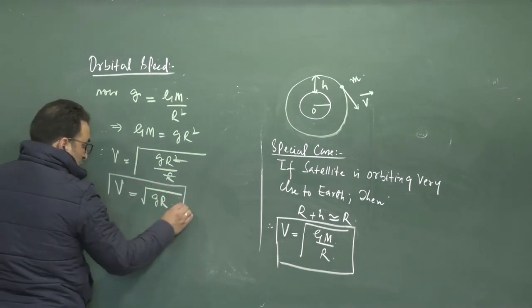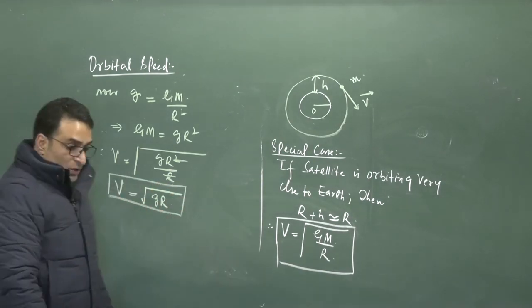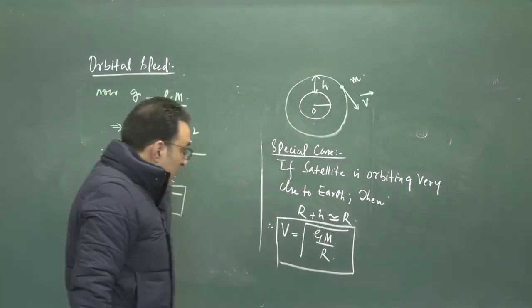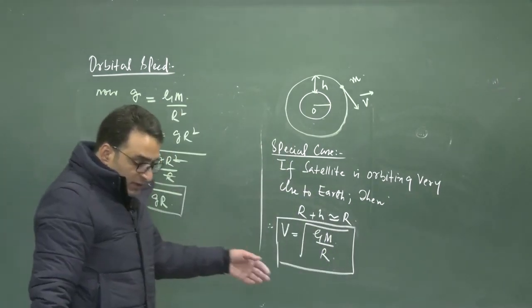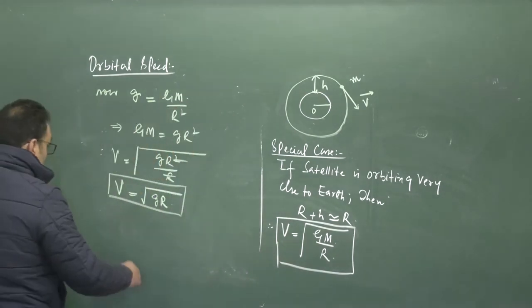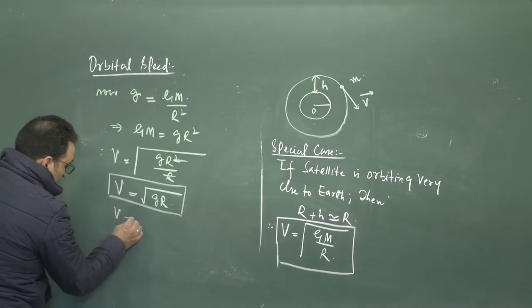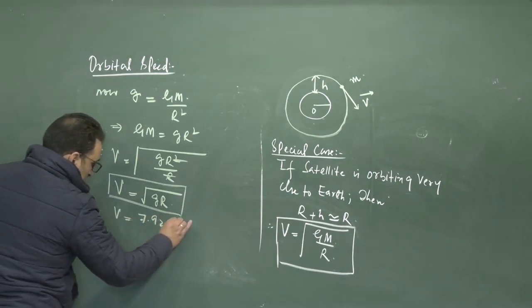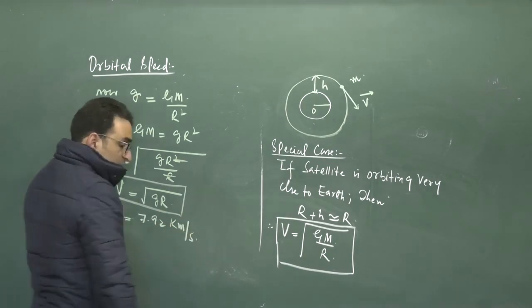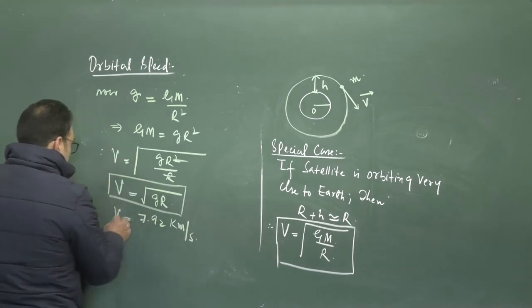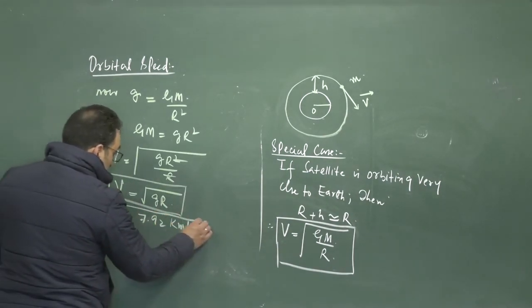This is the orbital speed of a satellite which is orbiting very close to the Earth. On putting the values of g and R, we are left with 7.92 kilometer per second. This is the orbital speed of the satellite which is orbiting very close to the Earth.